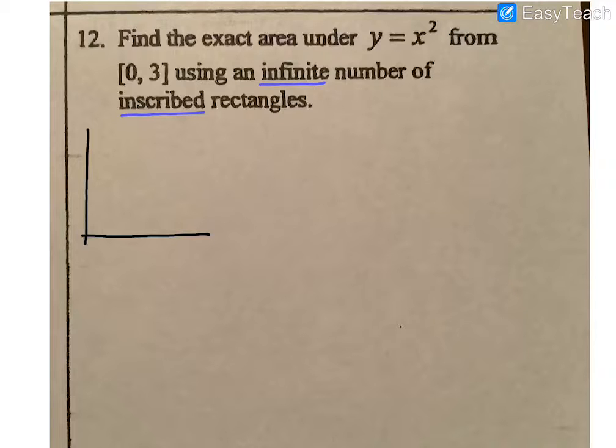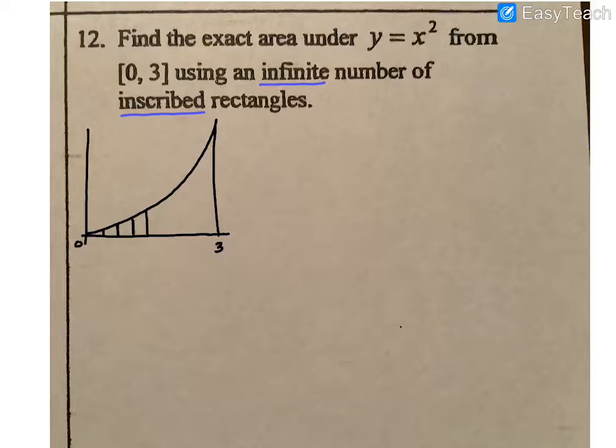So I'm going to draw my basic parabola here in quadrant 1 because I've been asked to go from 0 to 3. So I have 0 to 3 over there. When we're using an infinite number of rectangles, remember we just draw in a handful of rectangles to get you started.